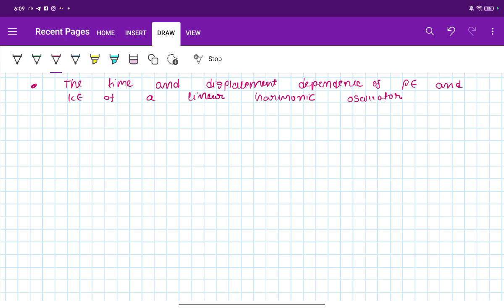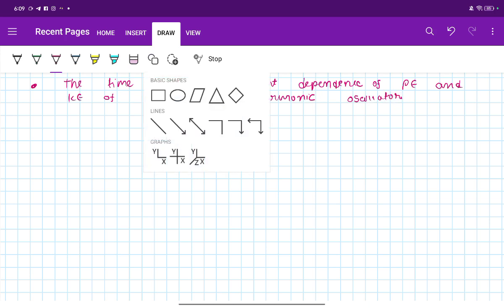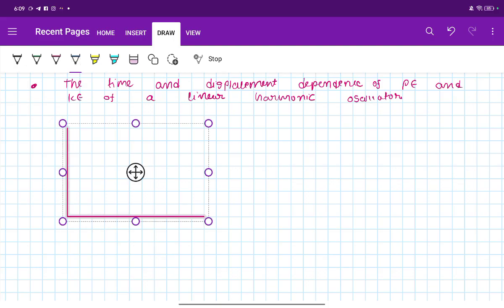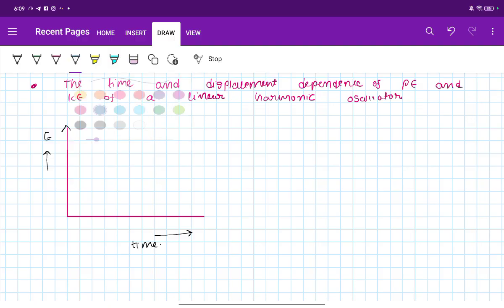So if you draw the graph, it looks like this. Here this axis represents energy and this axis represents time. So the graph looks this way.